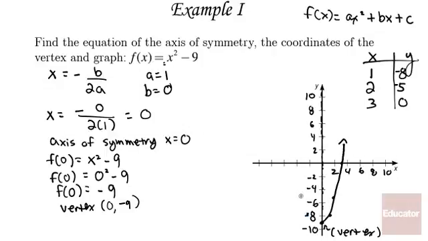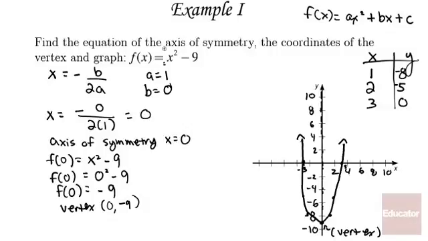So approximately here, and then here, this is about here, and then here is at 3, 0. So I'm going to go over here to negative 3, 0, and put a point. Therefore, I was able to cut down my work by knowing that the axis of symmetry divides this into two symmetrical halves.